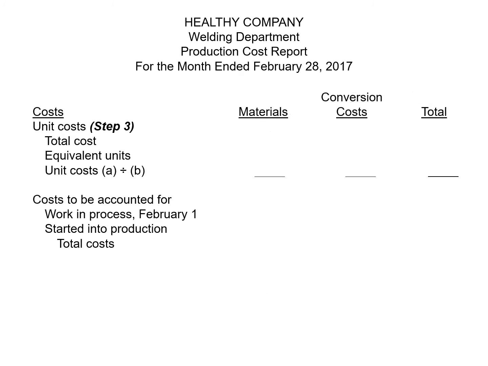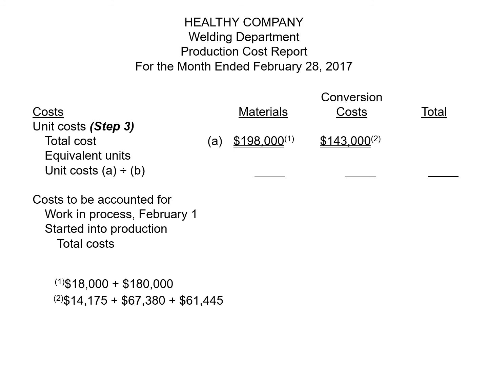All right, step 3, we want to determine our unit cost. The first thing we have to obtain is our total cost. We know that our total materials cost was $198,000, again, 18,000 plus 180,000. We also know that our conversion cost was 143,000. And again, you can see where those numbers are coming from, for a total of $341,000 of cost.